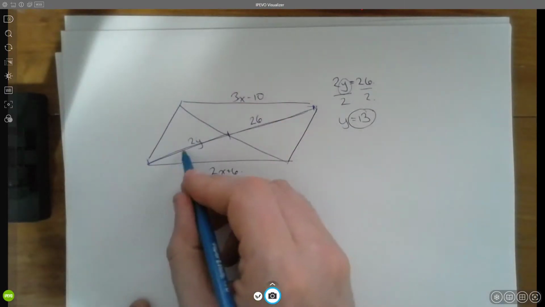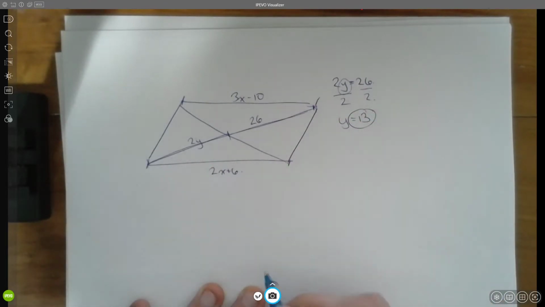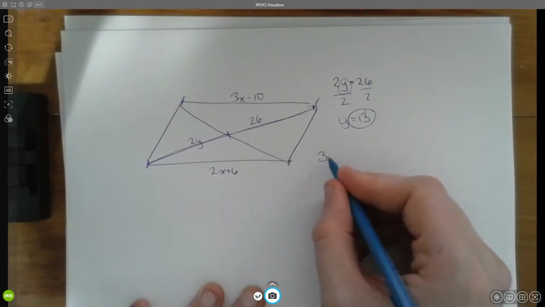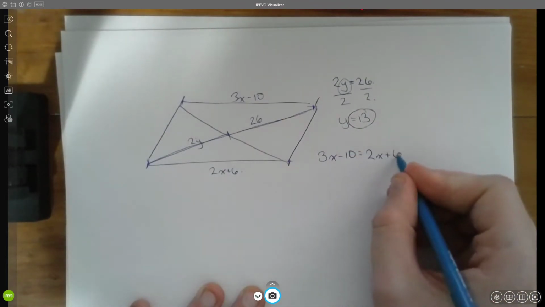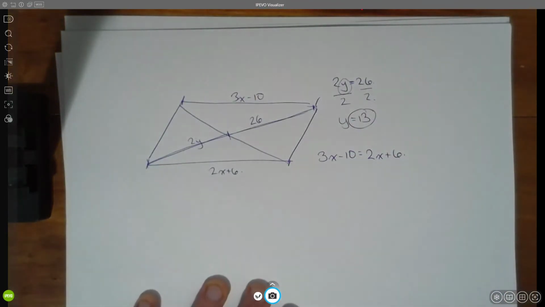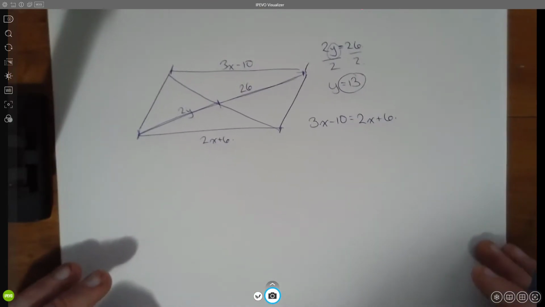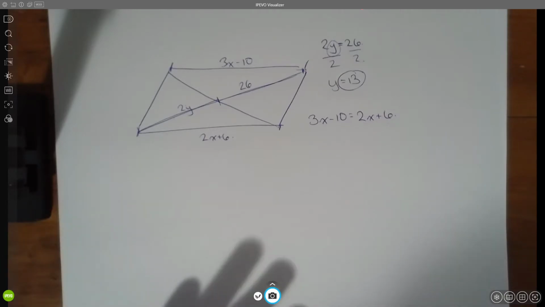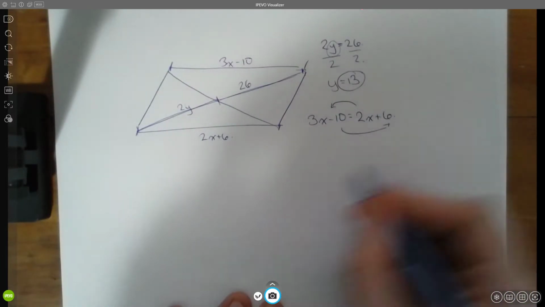Now that we have y out of the way, let's figure out x. Well, just like this and this were the same, this side length and this side length are the same. So 3x minus 10 is equal to 2x plus 6. Now this is a bit of a messier equation, but still something that we've solved this year and that we know how to solve. We need to get x's by itself and we need to get numbers by itself. So let's move over this 2x. Let's move over this minus 10.